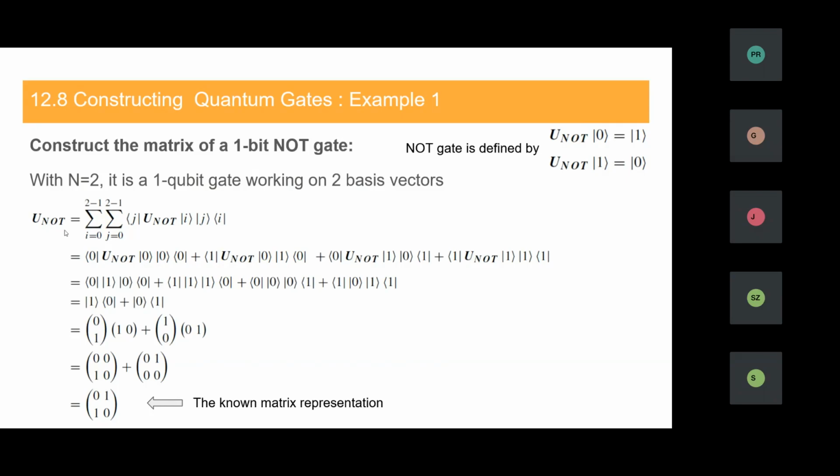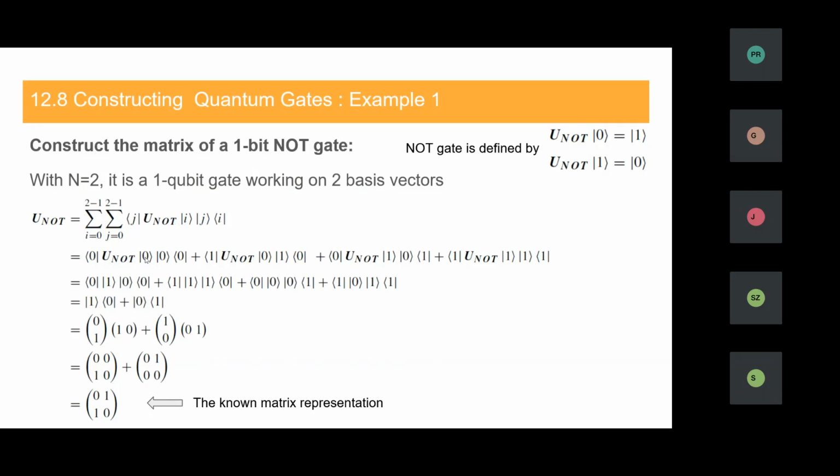I'm just applying the same thing. Let us see what it goes through. J goes from 0 to 2 minus 1. Remember, that was n minus 1. Similarly, I goes from 0 to 2 minus 1. Initially it starts off with J equals 0, U naught coming up as it is, and I equals 0. That is the initial state.